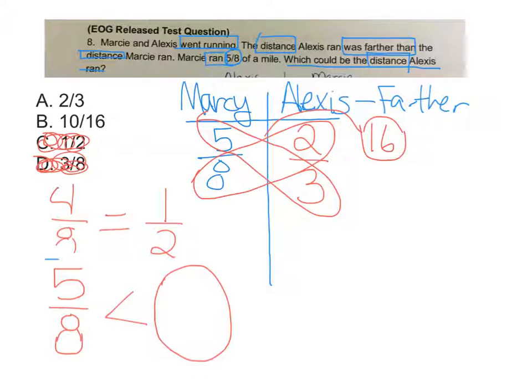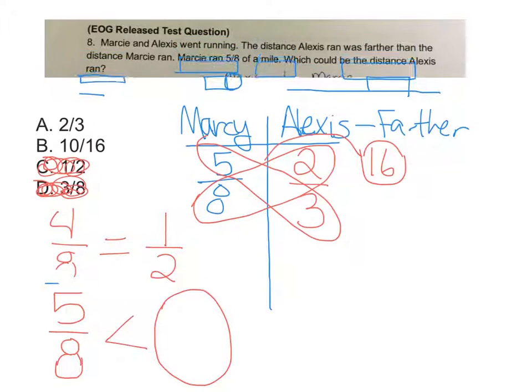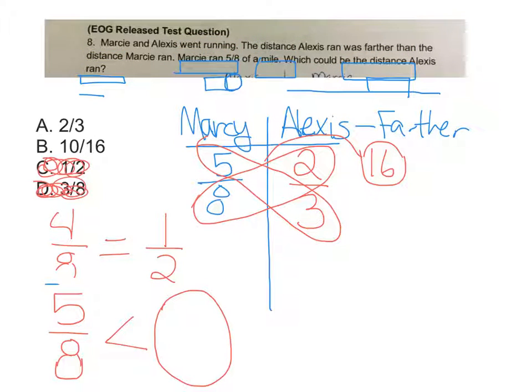So 8 times 2 is 16. 5 times 3 is 15. So is this less than this? Yes. But we're not going to stop there because we need absolute 100% proof.